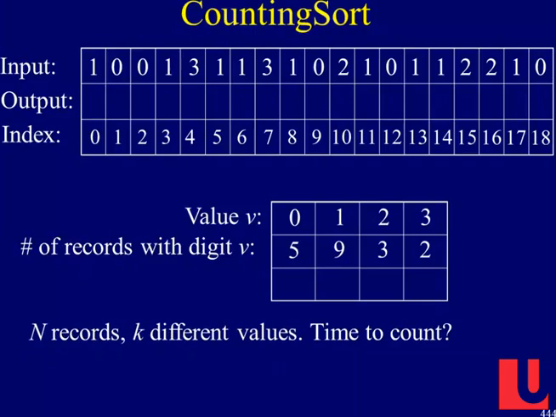So suppose you have n records with k different values. How long does it take to do all these counts? I could count the zeros. I could count the ones. How long does that take? N times k, so it could take n times k time. Does that make sense? Can we do it faster?